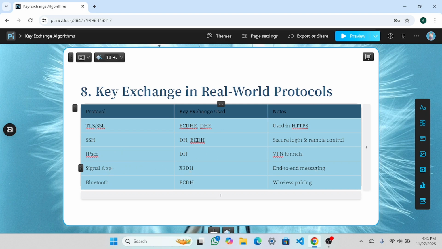Protocols like the Signal app use X3DH for end-to-end messaging. For Bluetooth, it is ECDH for wireless pairing.